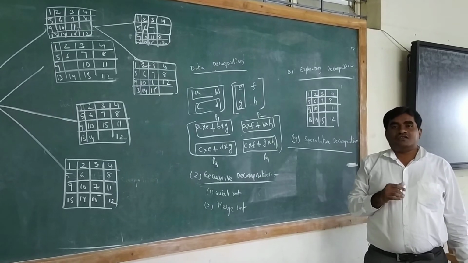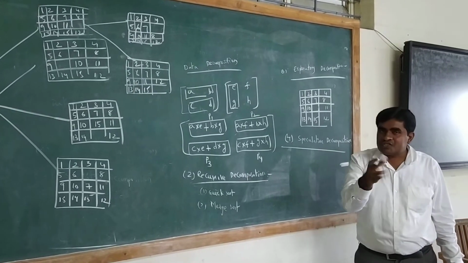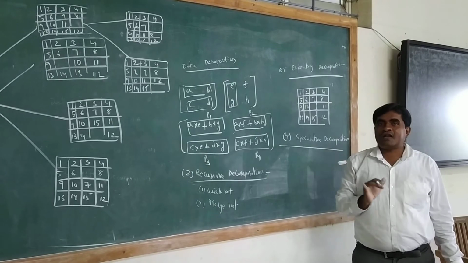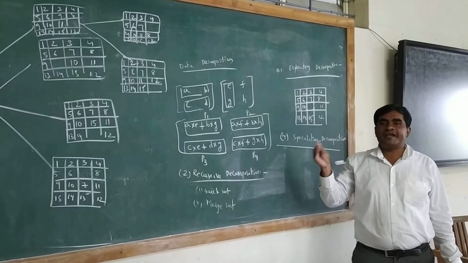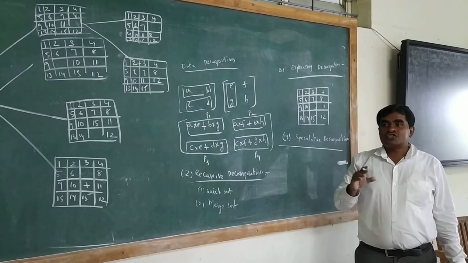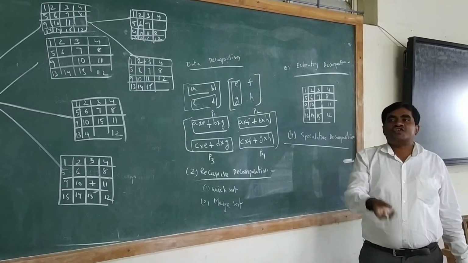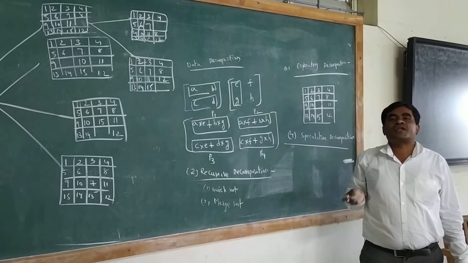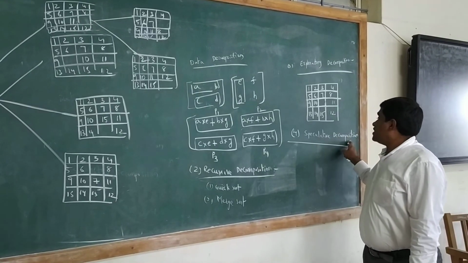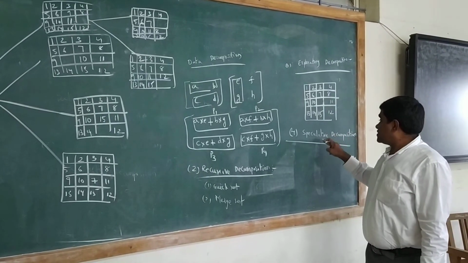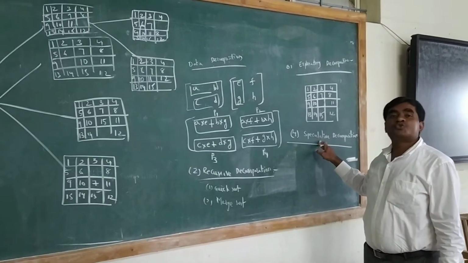There he will decide whether he has to go for civil branch, mechanical branch, computer branch, IT branch, or ENDC branch. So a switch option is there. He is thinking whether I have to go for civil, mechanical, ENDC, computer, IT. So that is called the switch option. If there is a switch statement, that is called speculative.